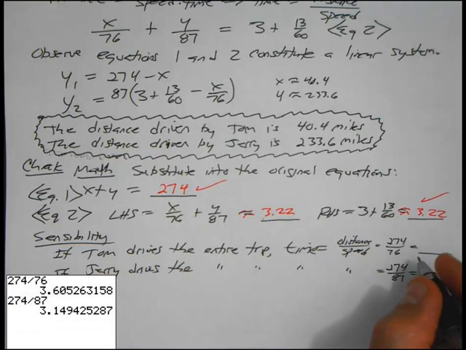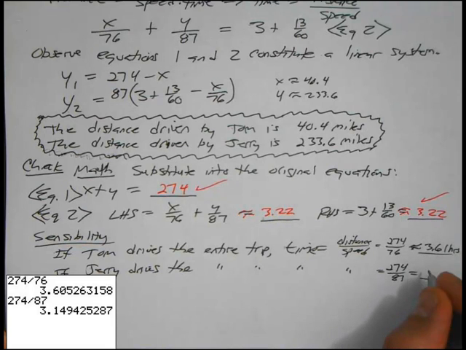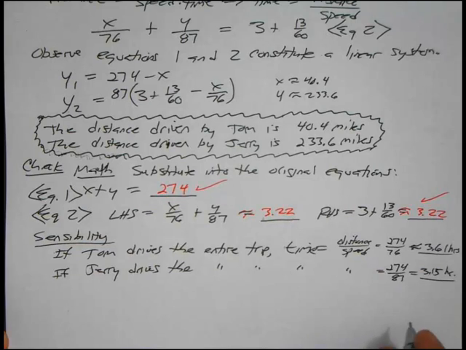Okay, so it looks like Tom driving the entire trip would be about 3.61 hours. If Jerry were to drive the entire trip, we're looking at about 3.15 hours. 3.61, 3.15.